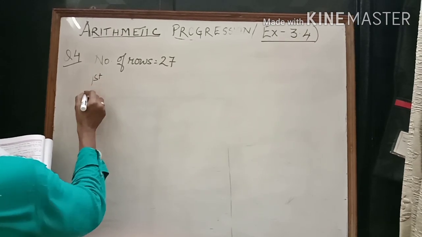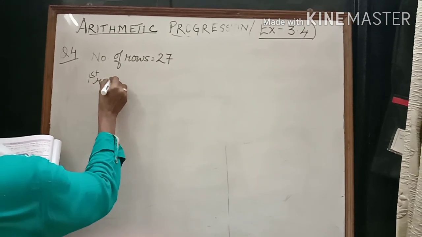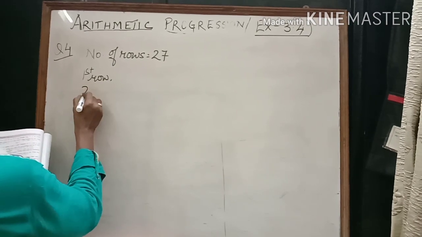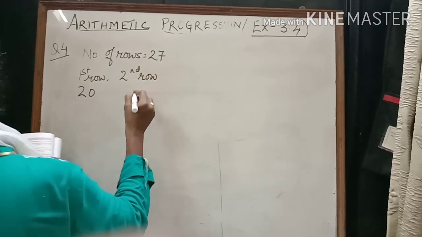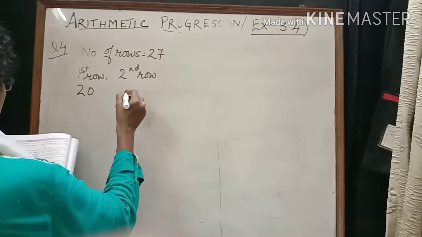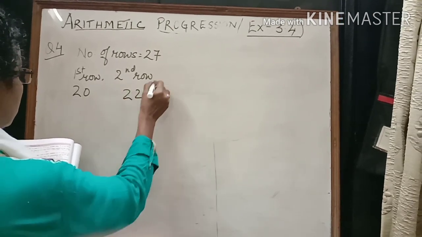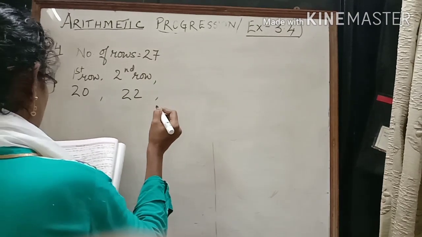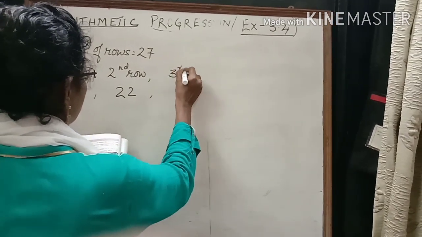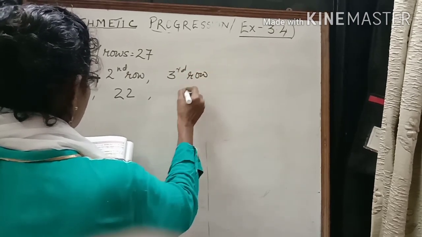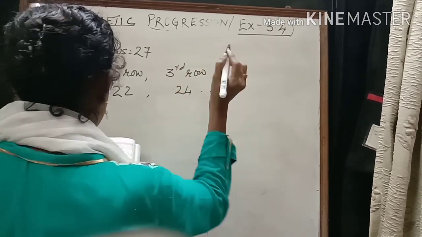First row 20, second row 22, third row 24, and so on.